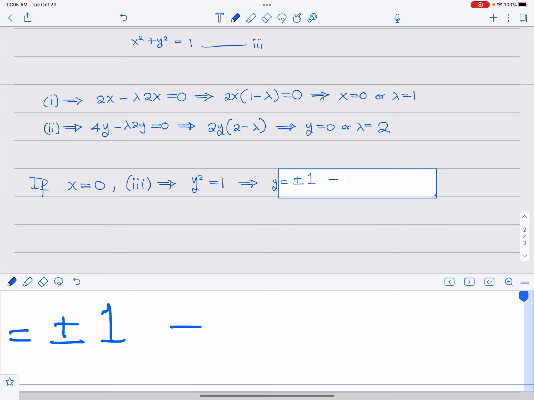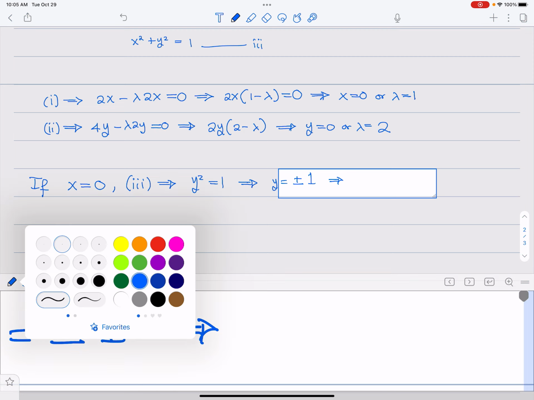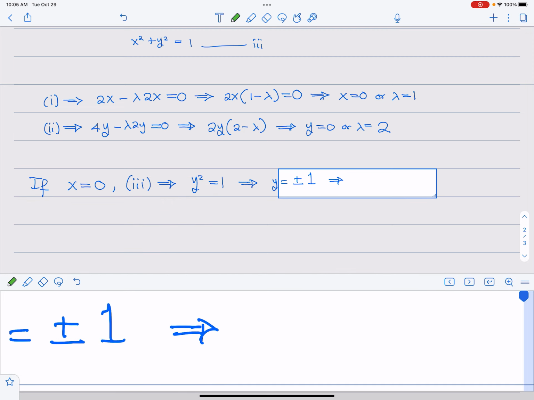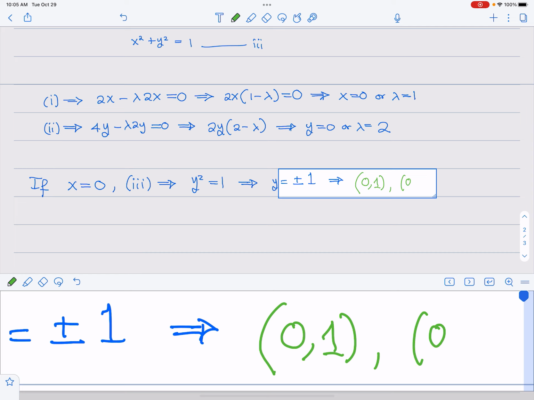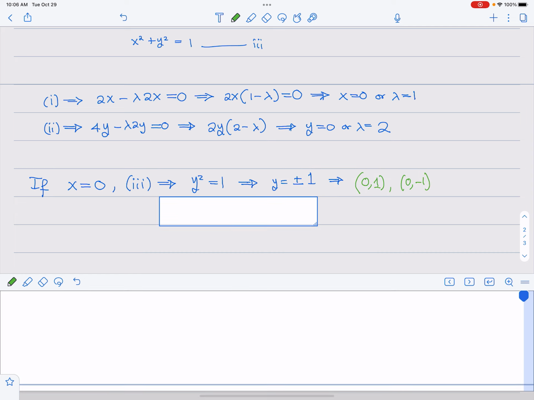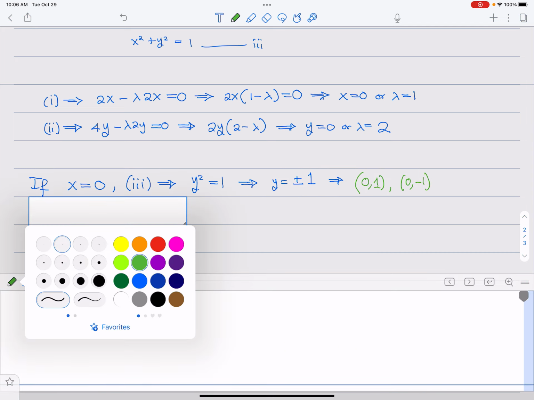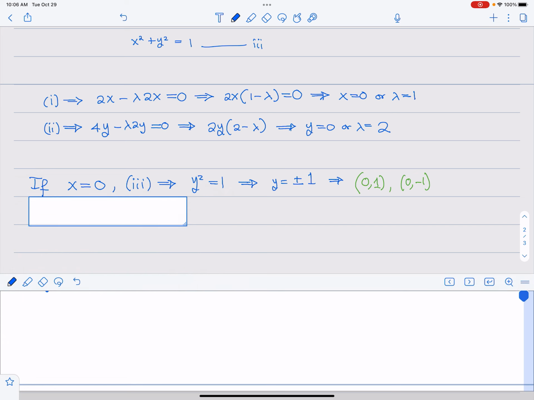So this gives us two critical points: x being 0 and y being 1, and x being 0, y is negative 1.